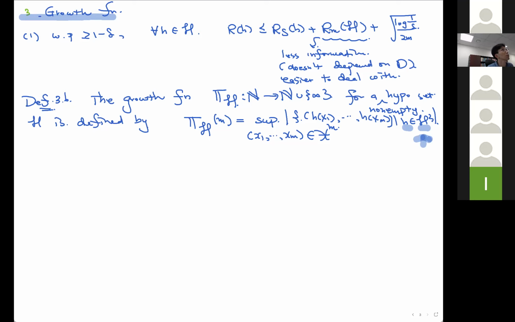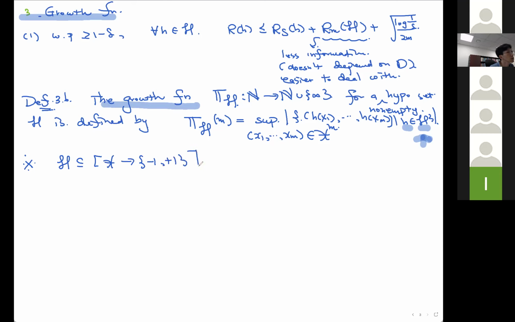Now, in our typical applications, we are using the growth function with a particular setup where H is a mapping from input to -1 and +1.